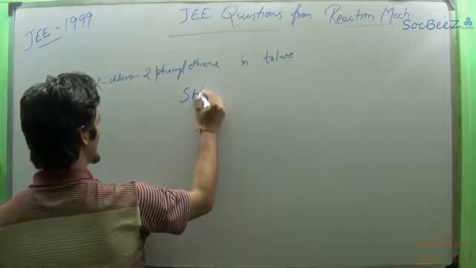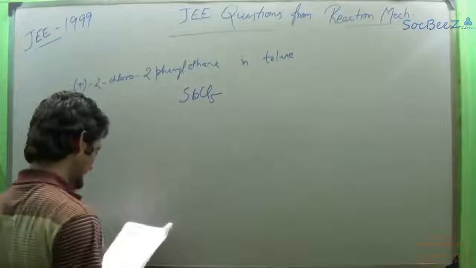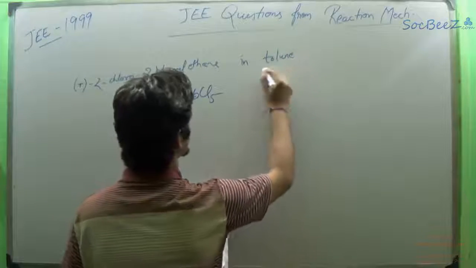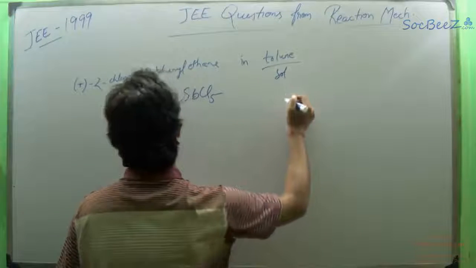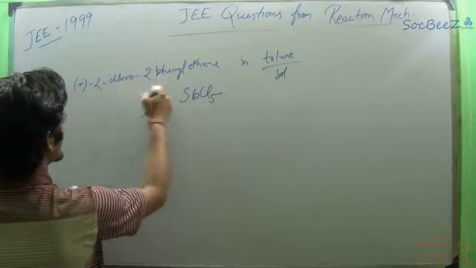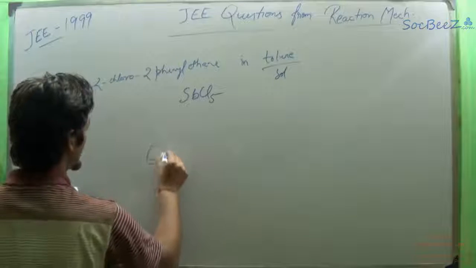We have a small amount of SbCl5, we have toluene as solvent, and we have to draw the structure of 2-chloro-2-phenylethane.